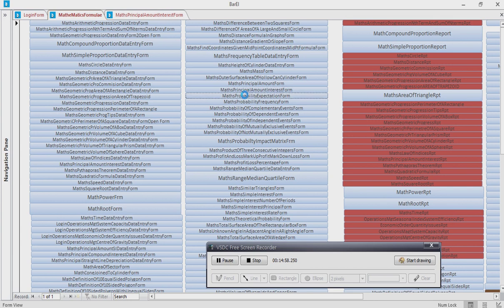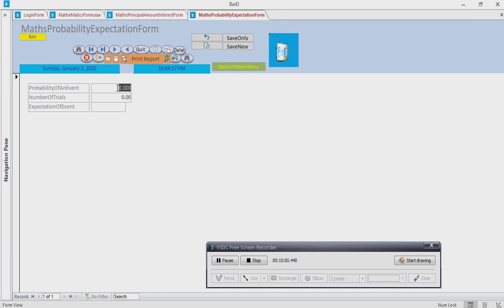How to calculate expectation. If the probability of an event is 0.2, that is 20%, and there are 400 trials. The expectation of an event therefore is 80.